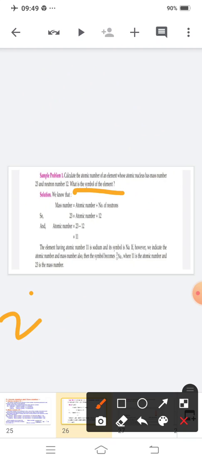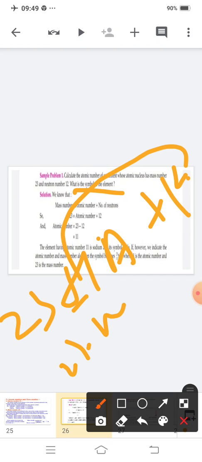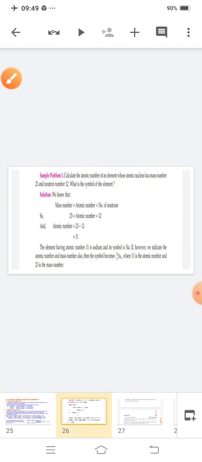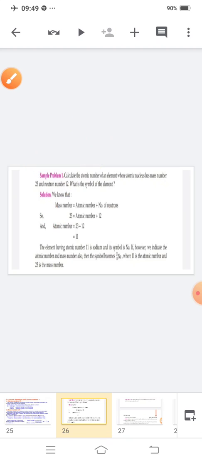Mass number is 23, atomic number you have to find, plus 12. So 23 minus 12 is 11. And 11 is the atomic number of sodium. So the element having 11 is sodium. Symbol is Na. You will write mass number at the top and atomic number at the bottom like this. Is this clear?